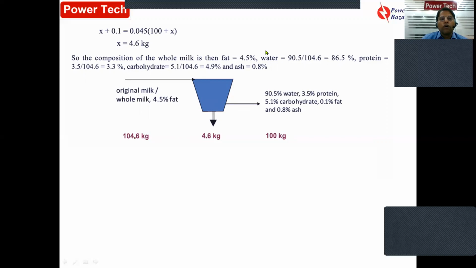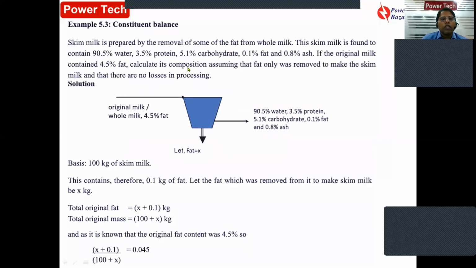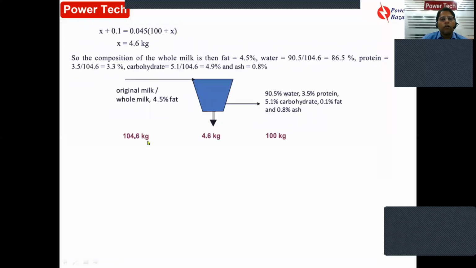Therefore, what is the water percentage in the original milk? The next question is to find out the composition of the whole original milk. Water, protein, carbohydrate, and ash are not touched. The quantity remains the same.